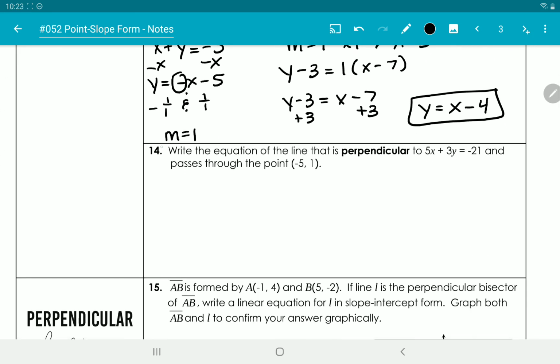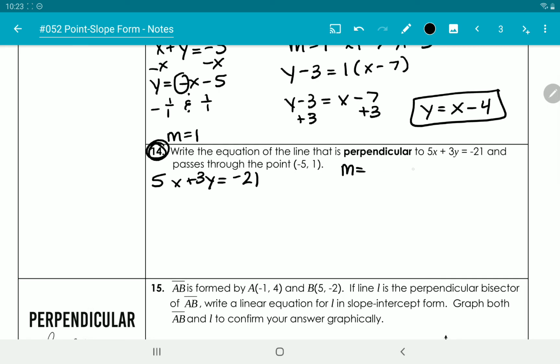So now I want you to go ahead and try number 14 on your own. Go ahead and pause it and see what your answer is. So again, we have to start out by figuring out what slope this line has. Change the sign and flip the fraction. That's the slope you're going to need here.